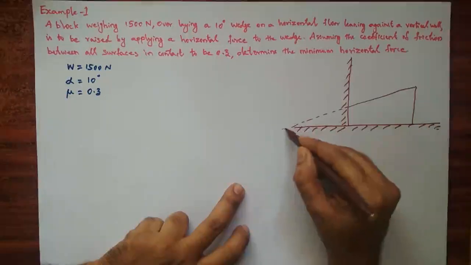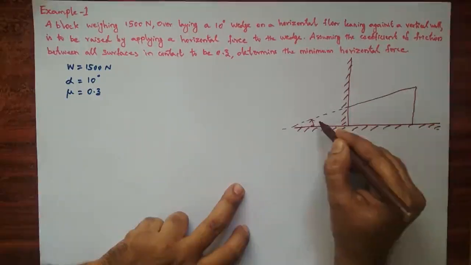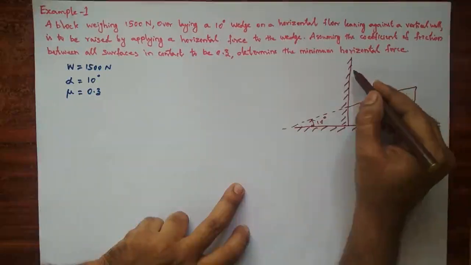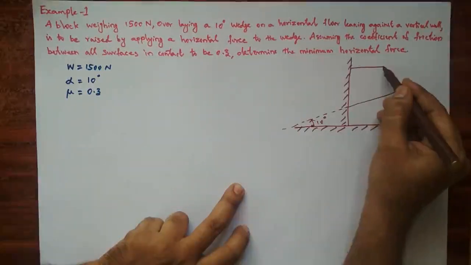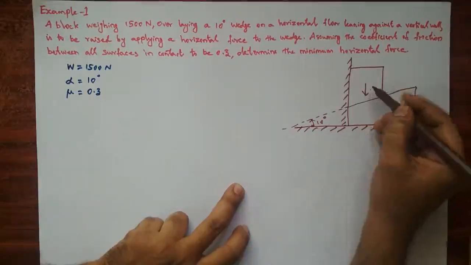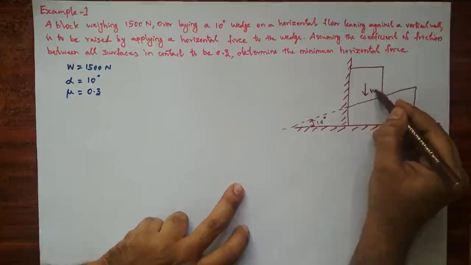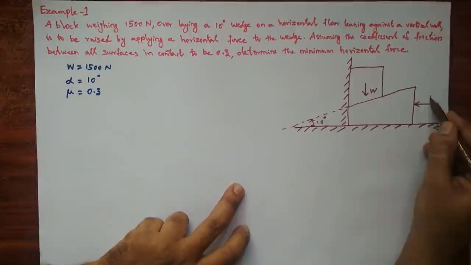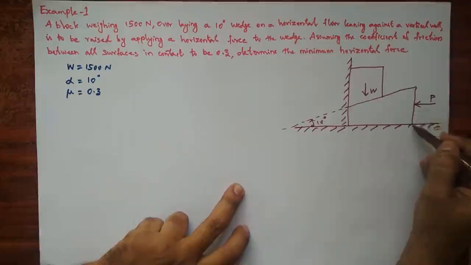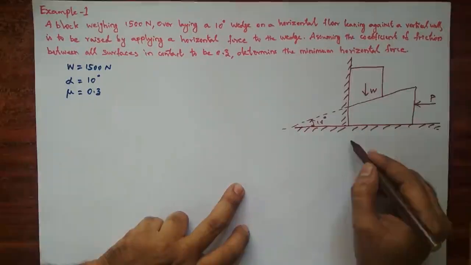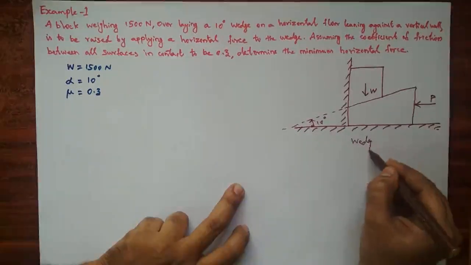It makes an angle of 10 degree. Over the wedge there is a block. The self weight of the block is subjected to downward direction, W. So here there is an external force P applied at the vertical face of the wedge, so that the object will lift upwards. So this is wedge, friction.